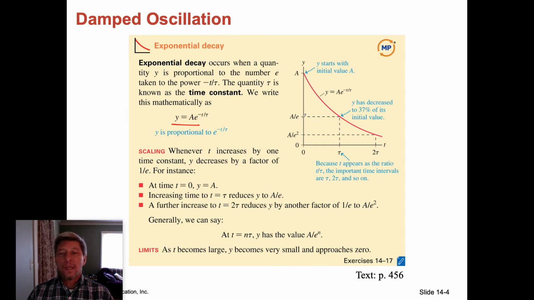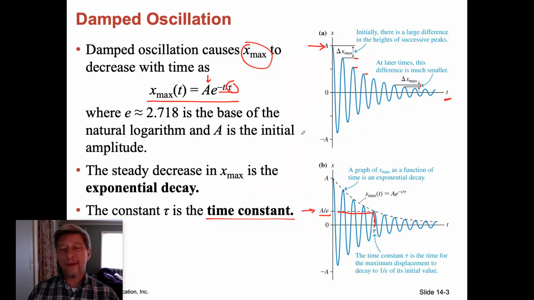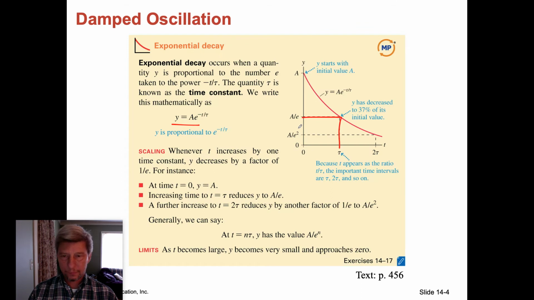Now, here's a over e, and here's the value of tau. But look what happens when we square the value of the natural log. That takes us all the way out to 2 tau. All right, and so the relationship is, if this is e to the 1st and this is e to the 2nd, that shows us a method of calculating the value of tau.